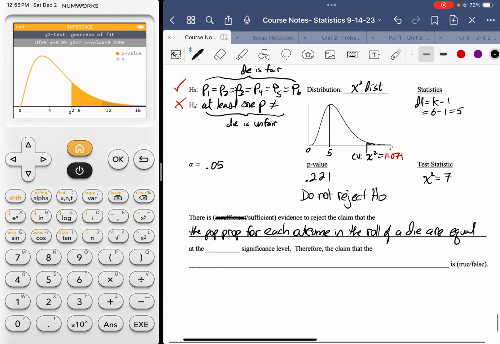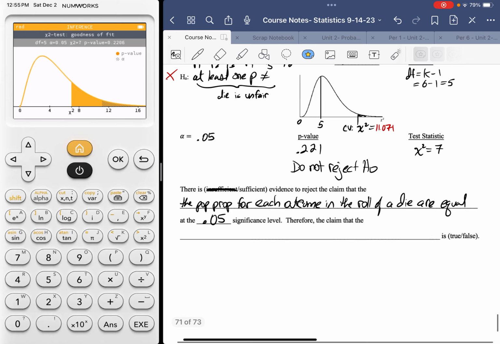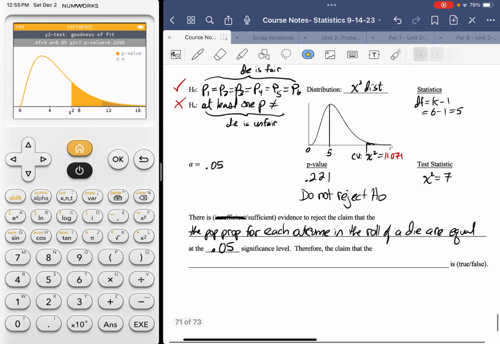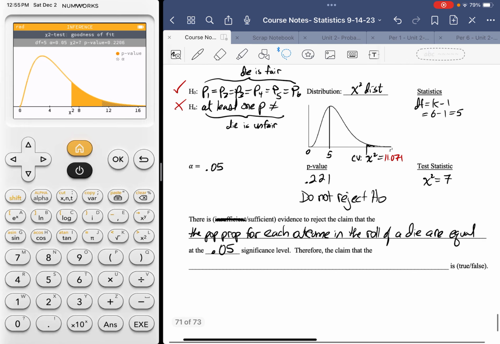At the 0.05 significance level, that addressed the null hypothesis. Oh, sorry, I put it on. There is insufficient evidence, but for some reason that I can't explain just now, I crossed off the wrong thing. So there's insufficient evidence to reject the claim that the population proportion for each outcome in the roll of a die is equal.